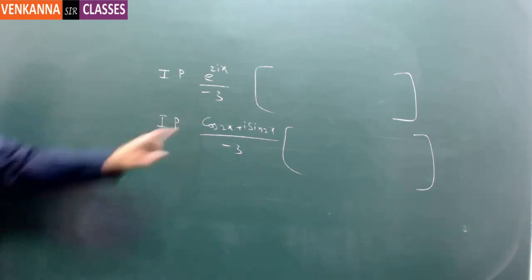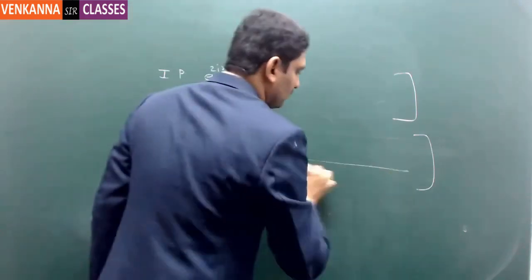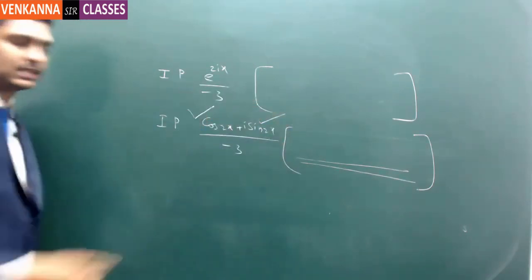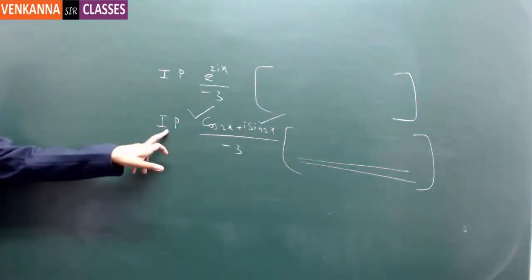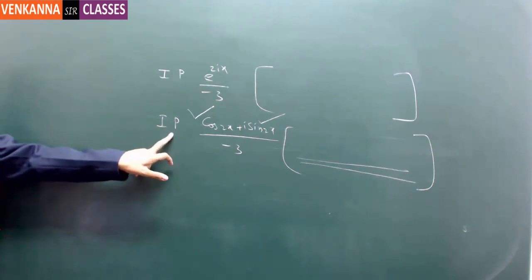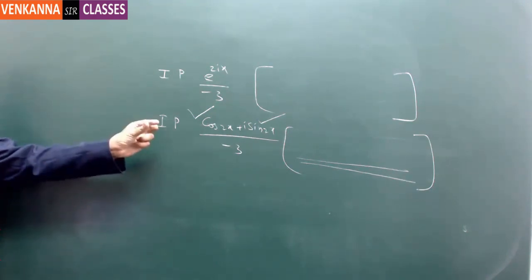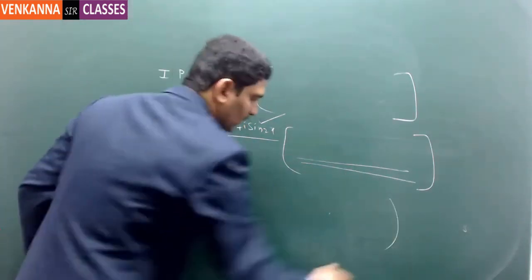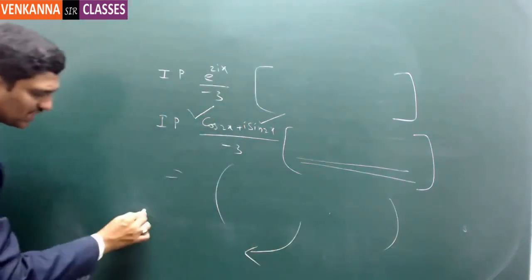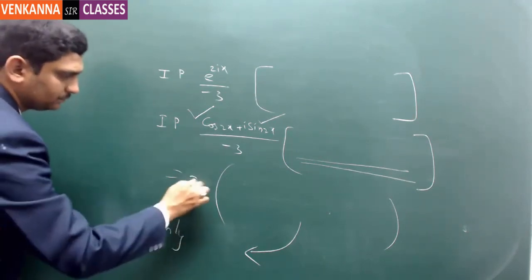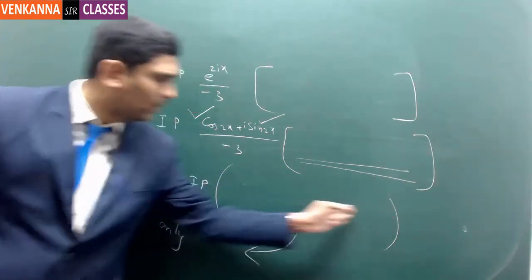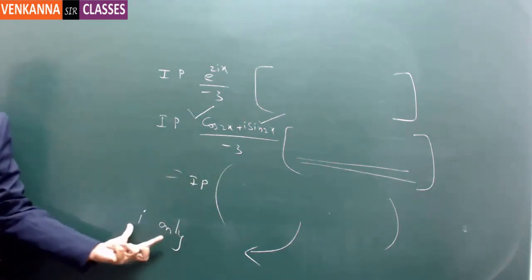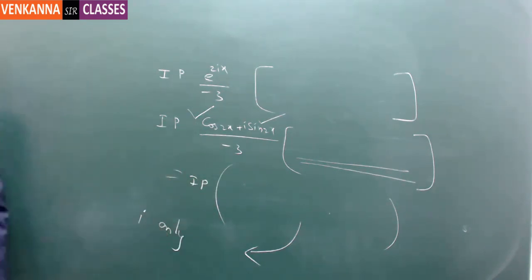Now you are multiplying all these terms with cos 2x as well as sin 2x, and the imaginary part indicates the values which contain i only. So in the whole expression, you write the terms which contain i only. The remaining terms are neglected.